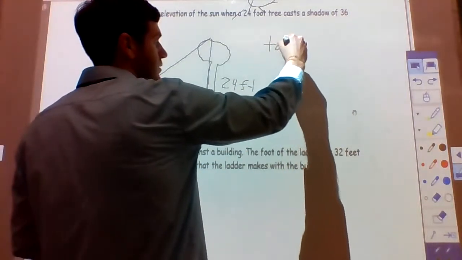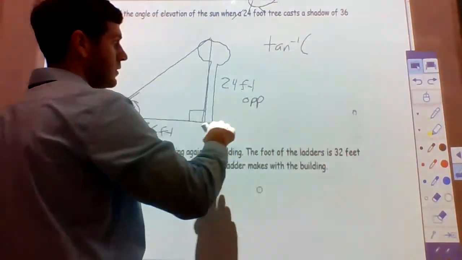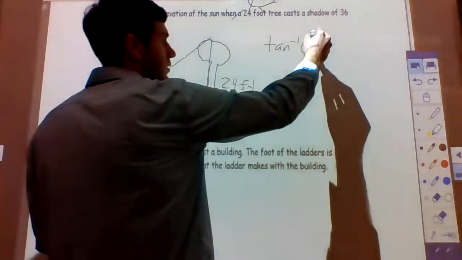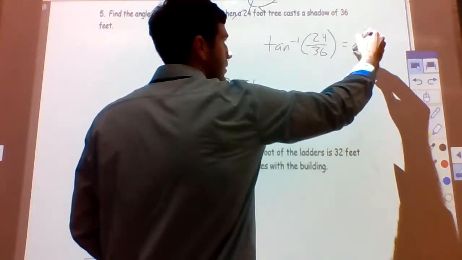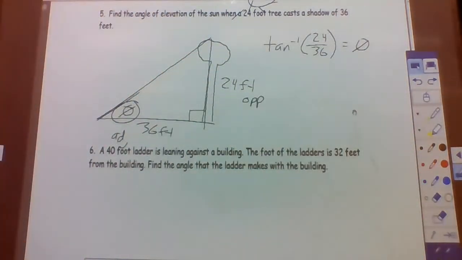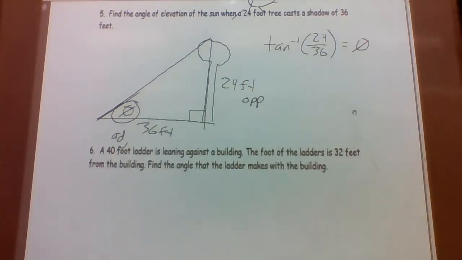So inverse tangent is going to be 24 over 36. So inverse tangent of 24 divided by 36 is going to give us 33.7 degrees.